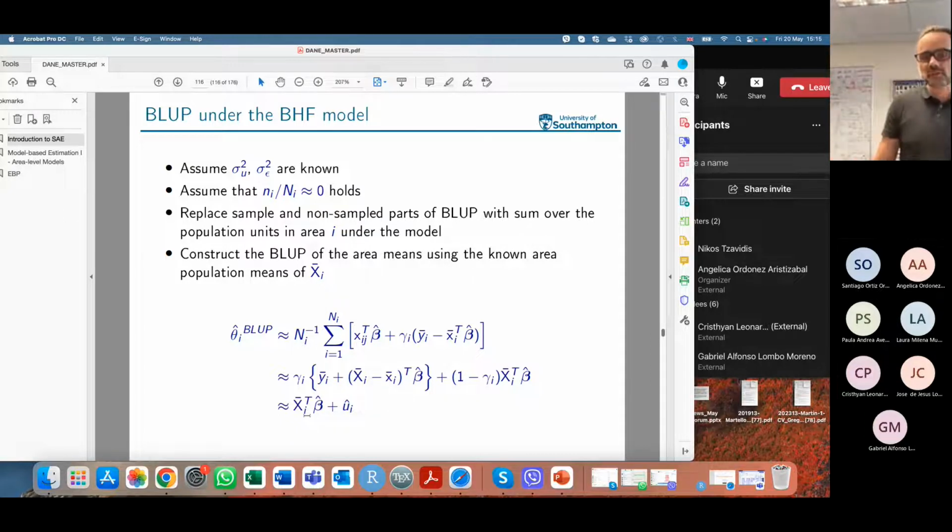And then for the purpose of predicting the small area means in each of the areas, what additional information you have to have is basically information about the population averages in area i of the explanatory variables. Okay, and obviously you combine that with the estimates of the model parameters.